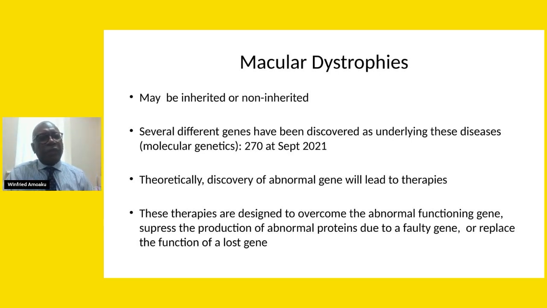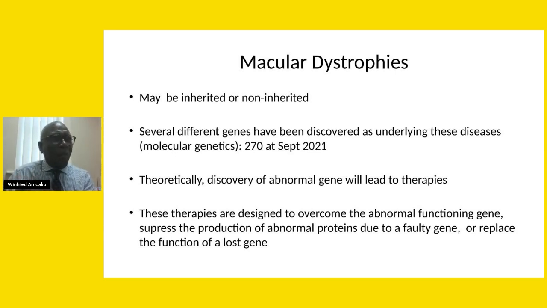So retinal dystrophies. Retinal dystrophies are actually diseases where we lose retinal tissue in different ways and shapes. We say loss of tissue, and that can be inherited or not inherited. Or to put it in a different way, the non-inherited are sporadic.